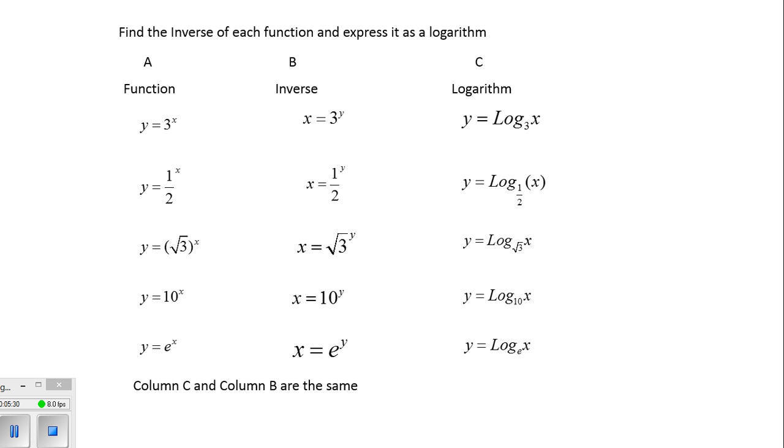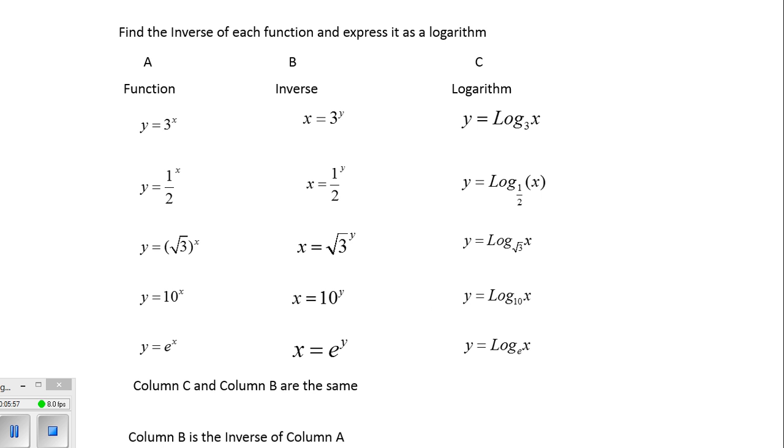Okay, so the assessment we make here is that all the expressions in column C are the same as column B. That is, they're just expressed as functions, but they're identical expressions for what they stand for. And what do they stand for? Well, they're inverses, right?